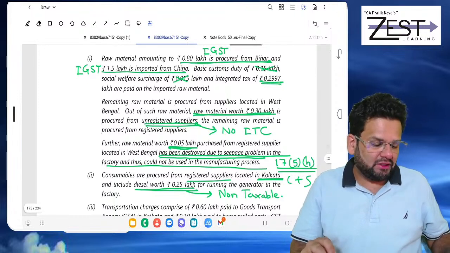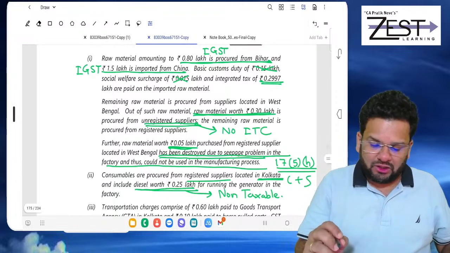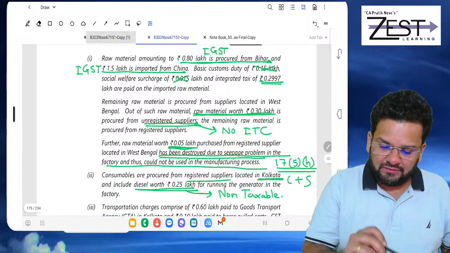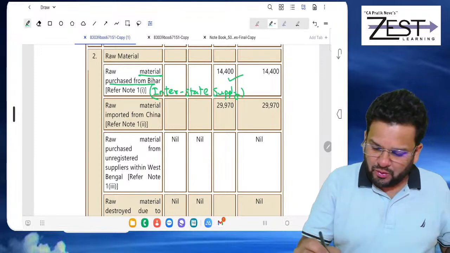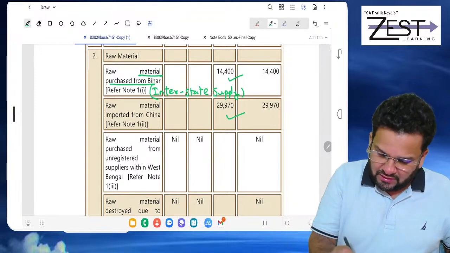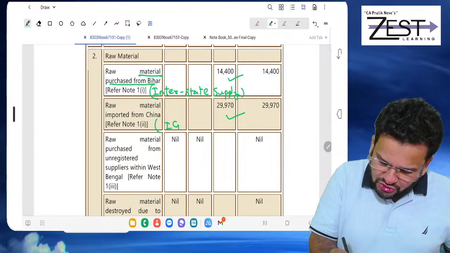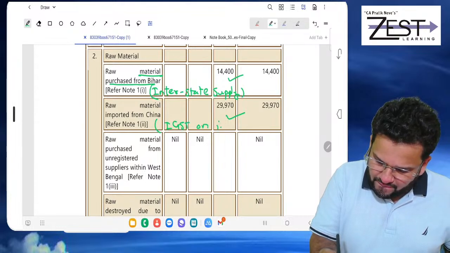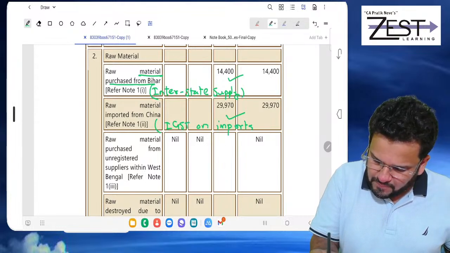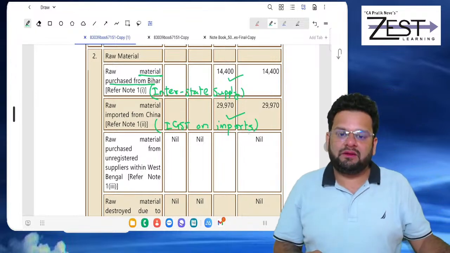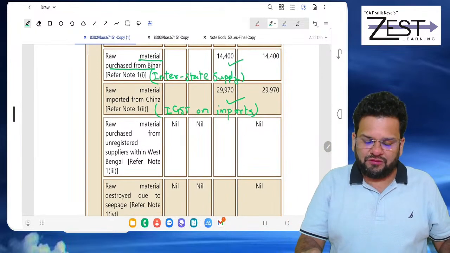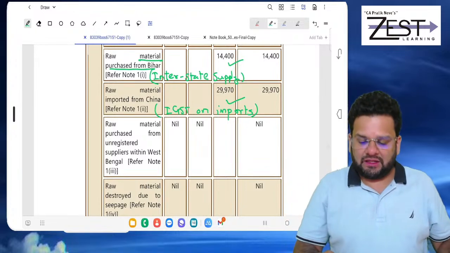So can you do that into 1 lakh? You will get 29,970. Check. 29,970 will be IGST on imports. Are you comfortable till this point? If yes, say C in the chat window.